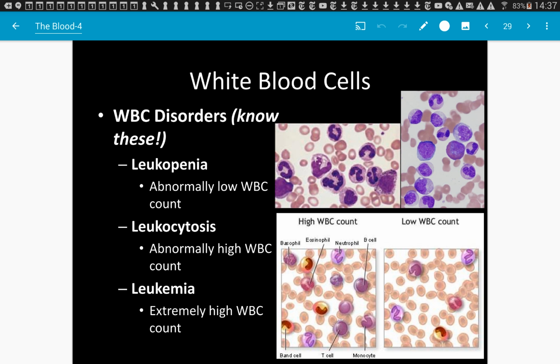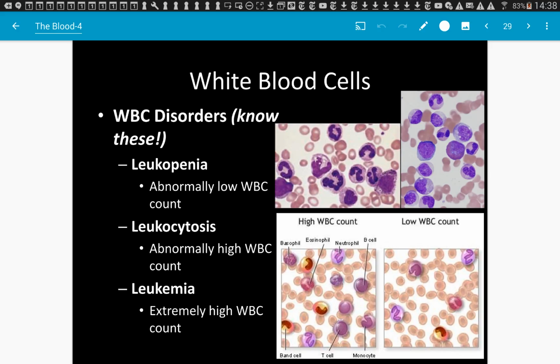More on white blood cell disorders. And so I know some of these questions are on your worksheet because I was getting people asking me questions about it this morning. So you must know these white blood cell disorders. I will not show you a picture and expect you to diagnose it, but I do expect you to know the disorder and what it is characterized by.